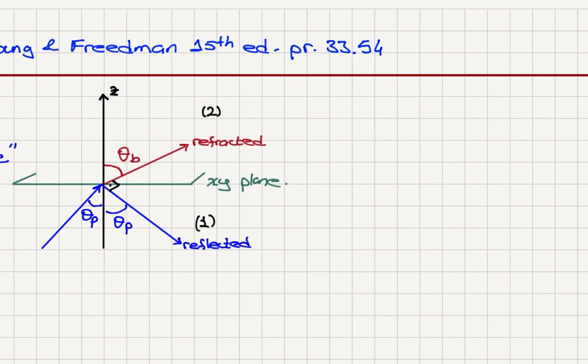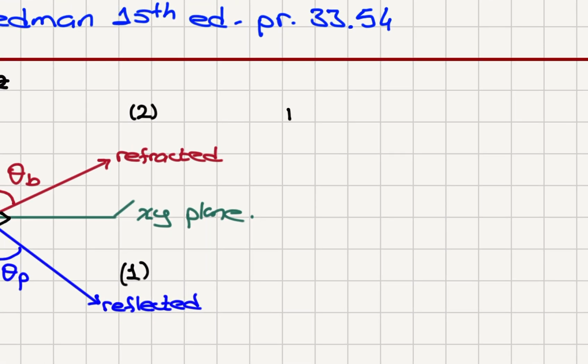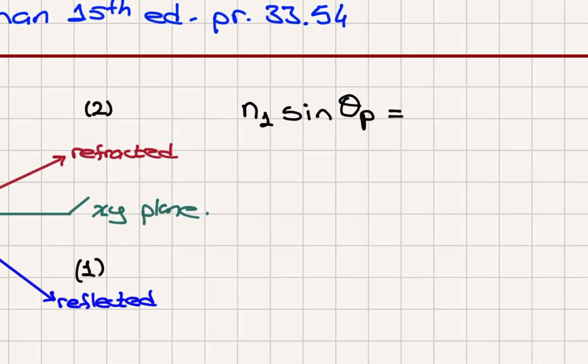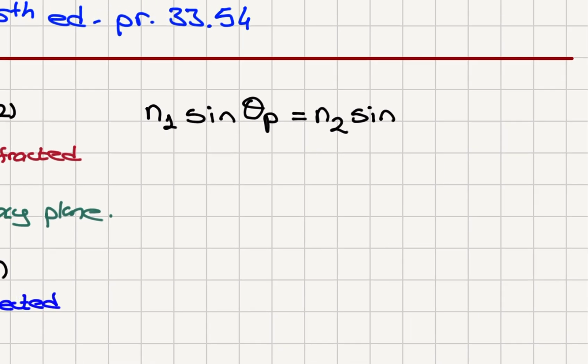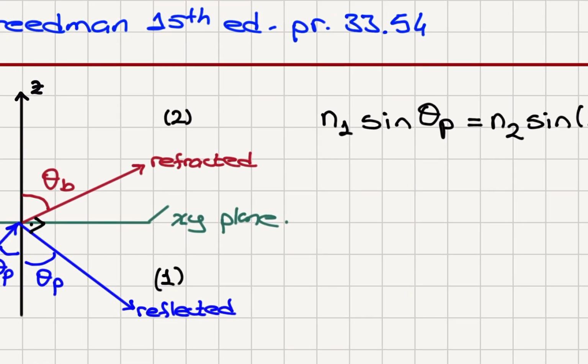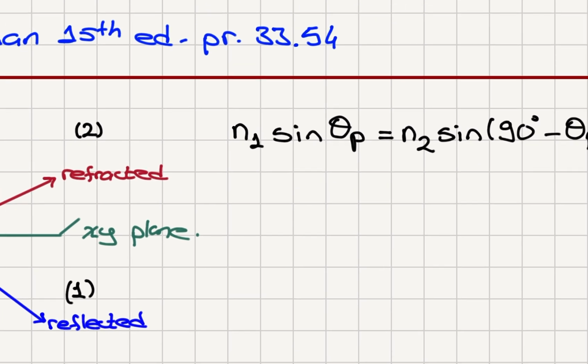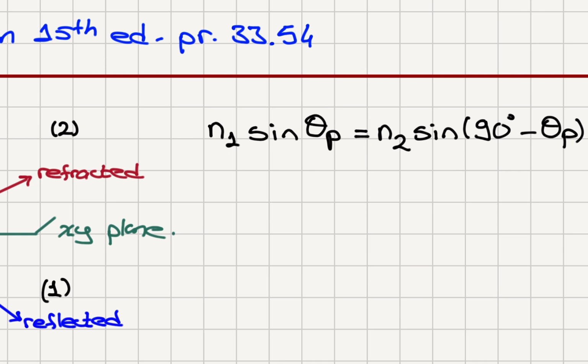The index of refraction of medium 1, N1 sine theta polarizing is equal to N2 sine of 90 degrees minus theta polarizing. So you can see here 90 plus theta polarizing plus theta b is equal to 180 degrees.